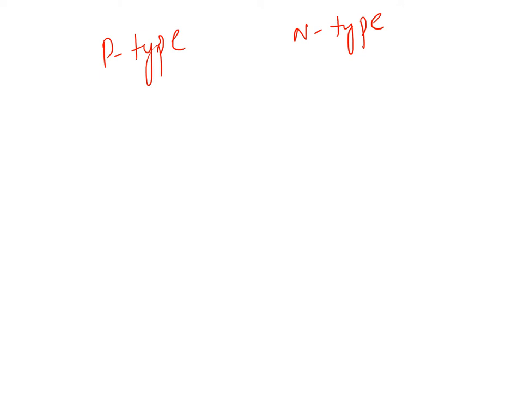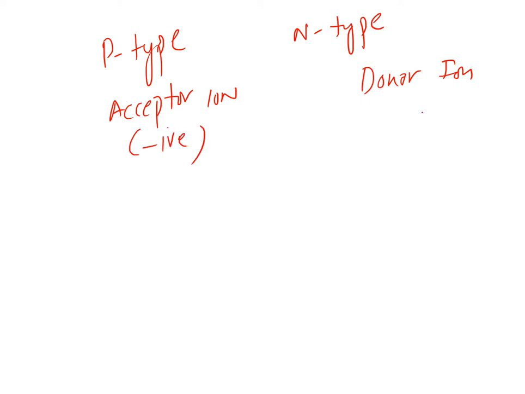So we have learned that in p-type materials we have acceptor ions, and in n-type materials we have donor ions. Acceptor ions are basically negative ions and donor ions are basically positive ions.